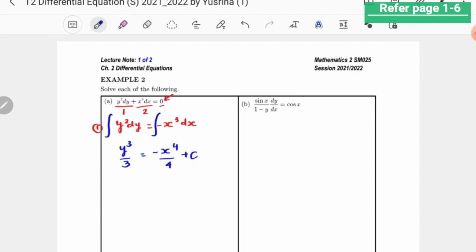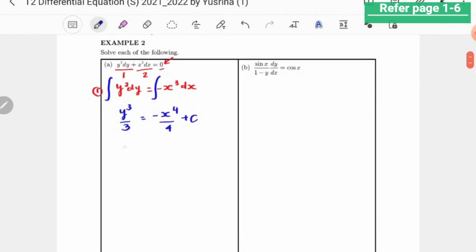And then we make y the subject. So y cubed equals negative 3 over 4 x to the power of 4 plus 3c, that means c.